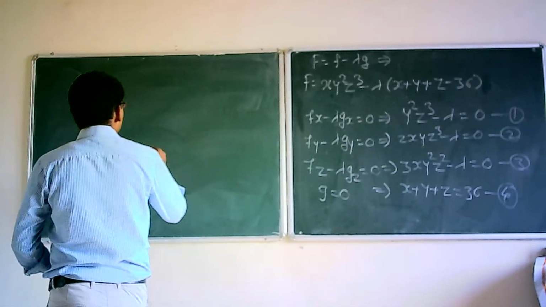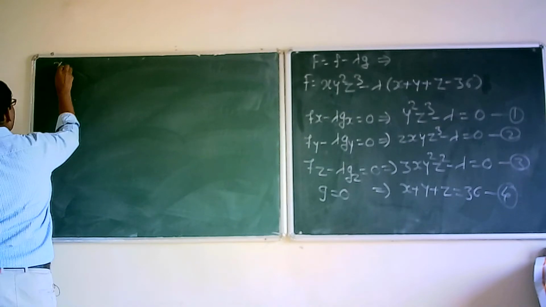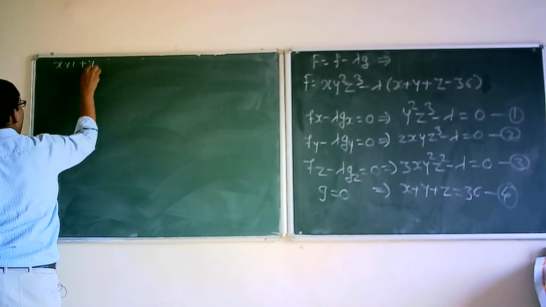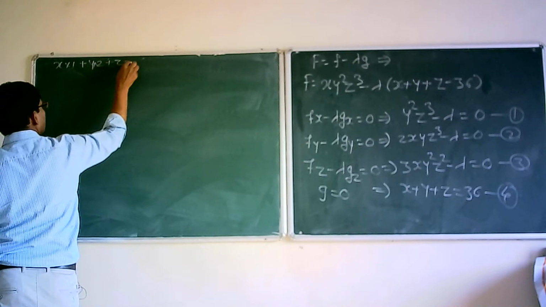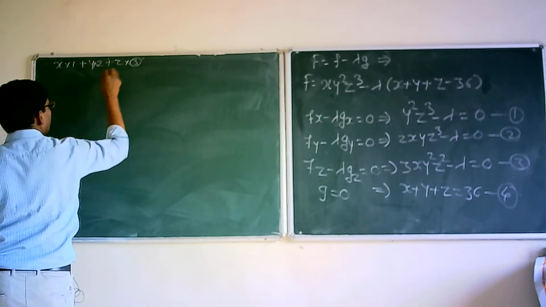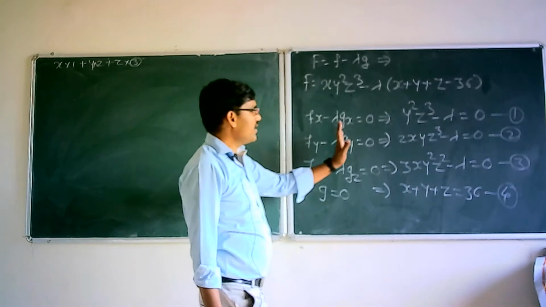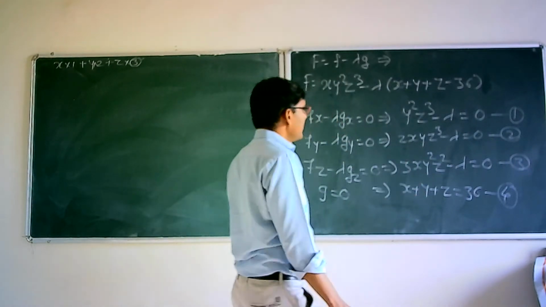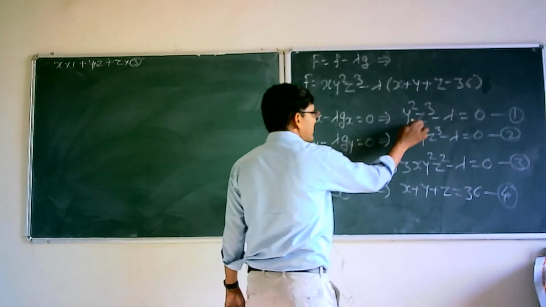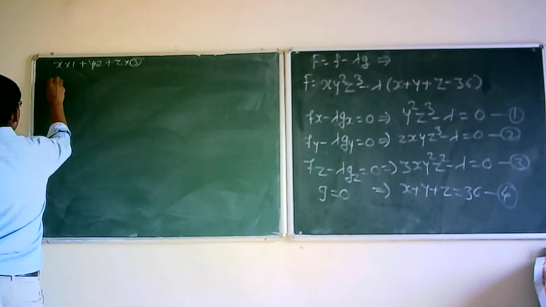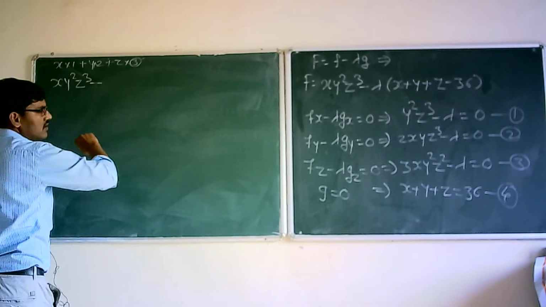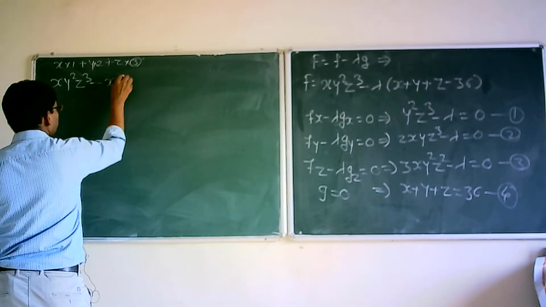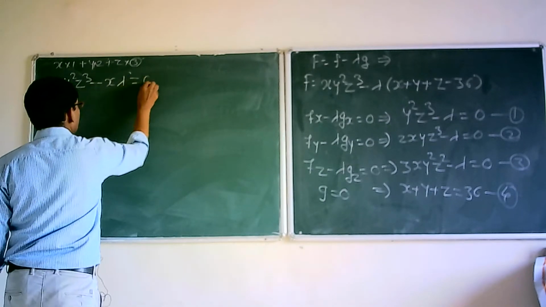So if you multiply, that is x into 1 plus y into 2 plus z into 3, okay, then you will get, if you multiply here x, here y, here z, you will get x y square z cube minus x lambda is equal to 0.